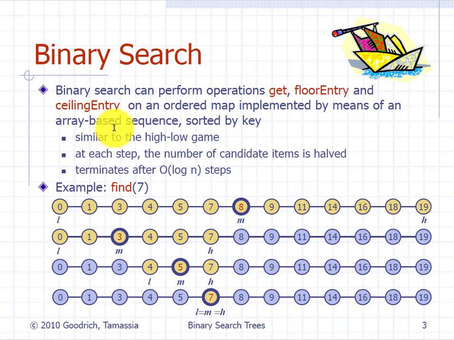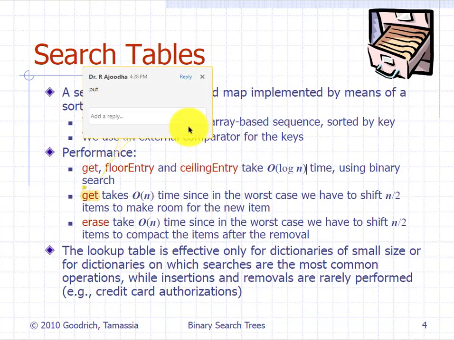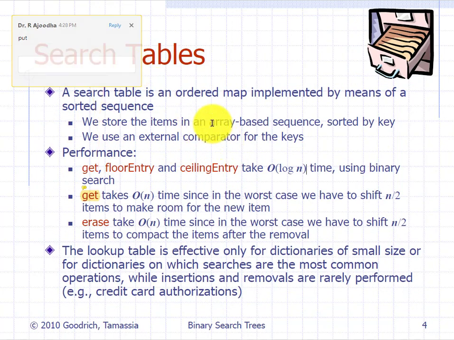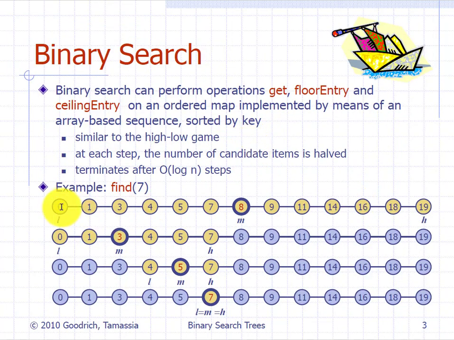Remember that everything is stored in contiguous memory. Everything is stored in an array-based sequence. Arrays mean they're contiguous, which means that these items are sitting in memory next to each other. Which means that I would need to make space in memory to put the 15 in here.